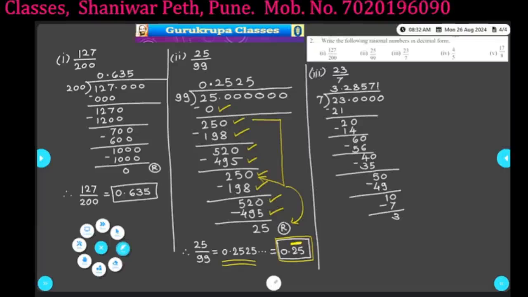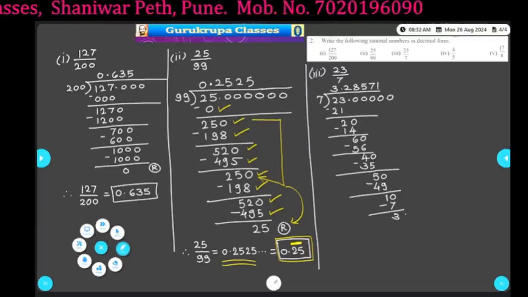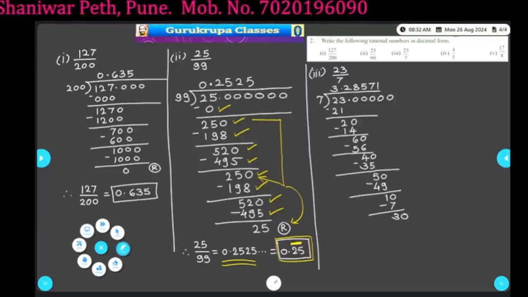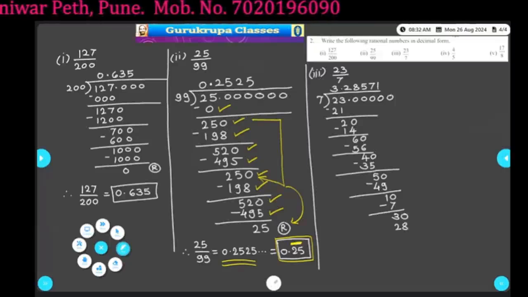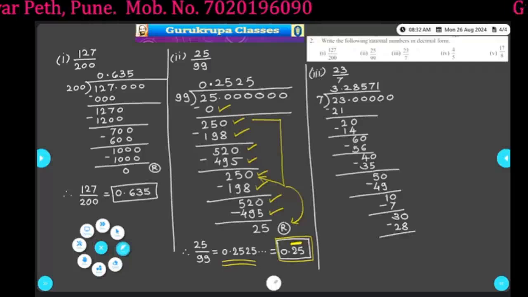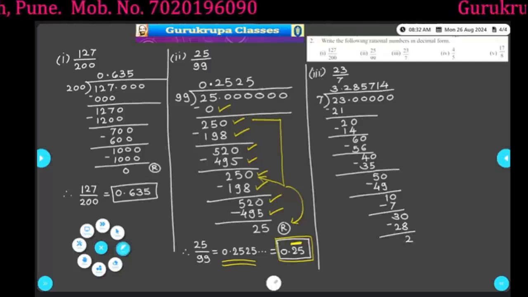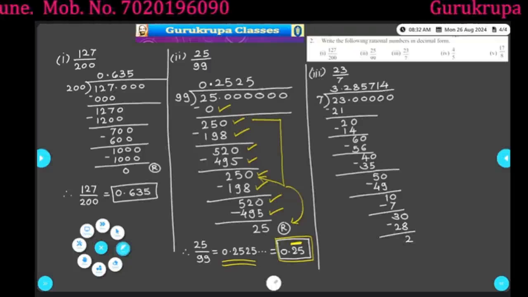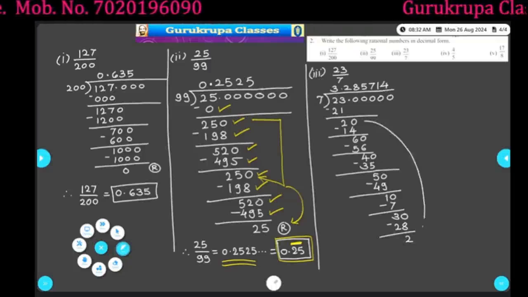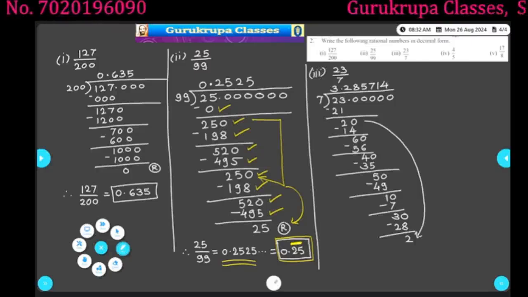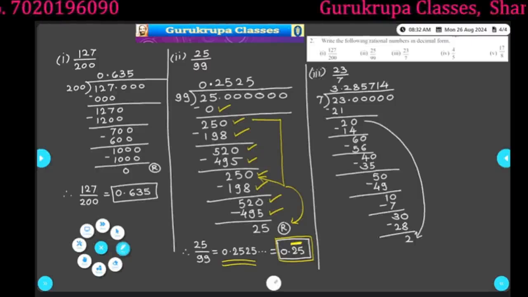Again we can carry it out by taking 0 over here. 7 fours are 28. Then we get 2 as the remainder. And this process will be carried on, because again we get 2 as the new dividend.